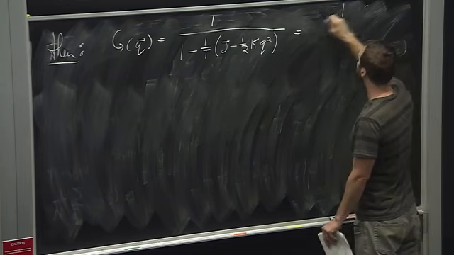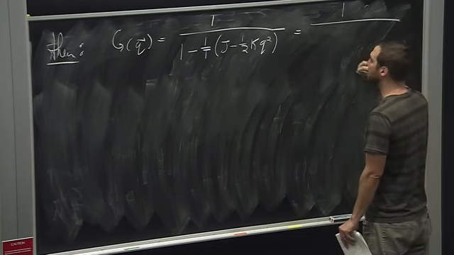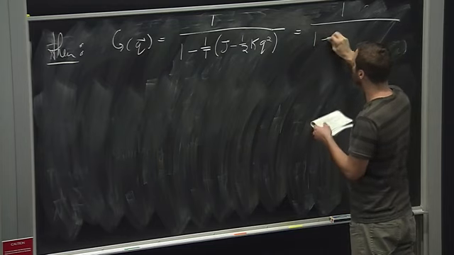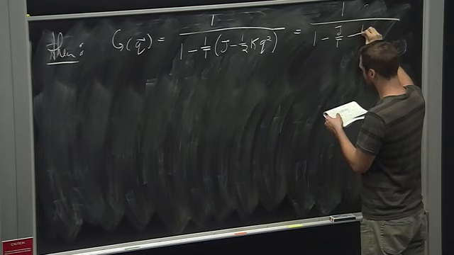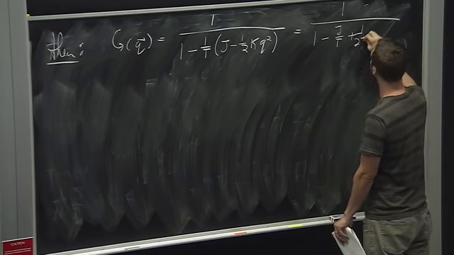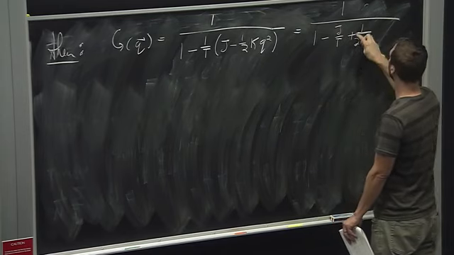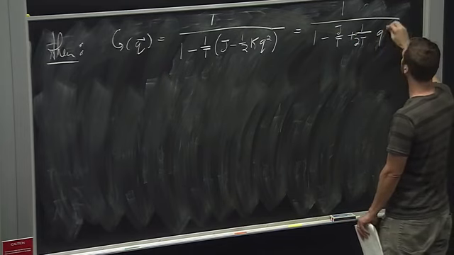Let's see, I want to pull out a T on top, so J over T plus 1 over 2T q squared.